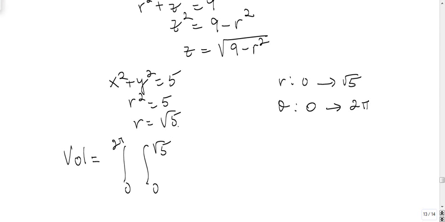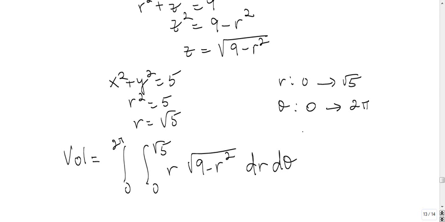Can you give me the integrand, please? Square root of 9 minus r squared, times r. Okay, we're only setting up this one. But tell me, if you had to integrate this, how would you do it?